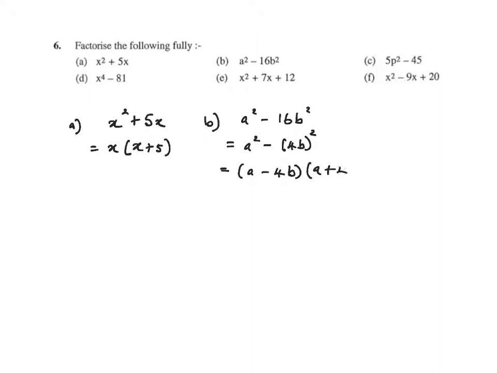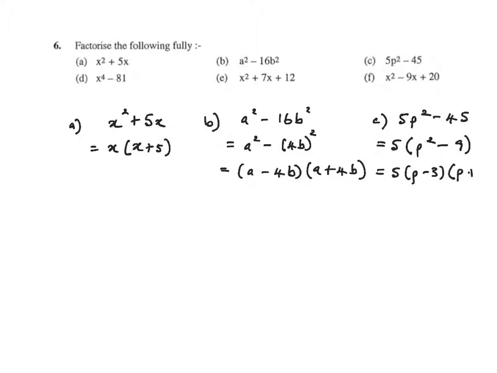And then a plus 4b. Part C, the first thing I can do is take out a common factor. Should always look for a common factor first. And then what we have is a difference of squares, so it's going to be p minus 3, p plus 3.